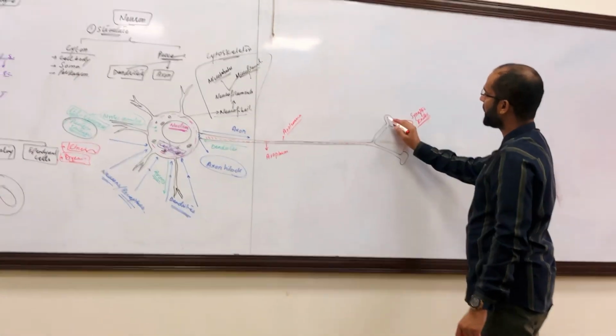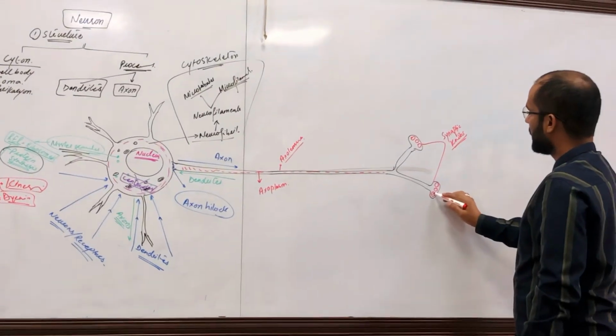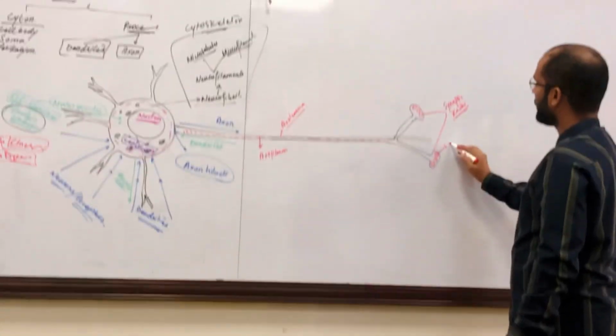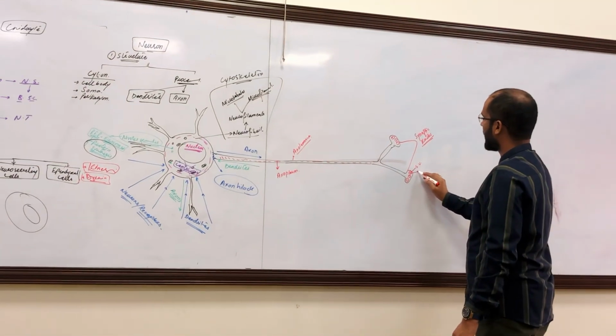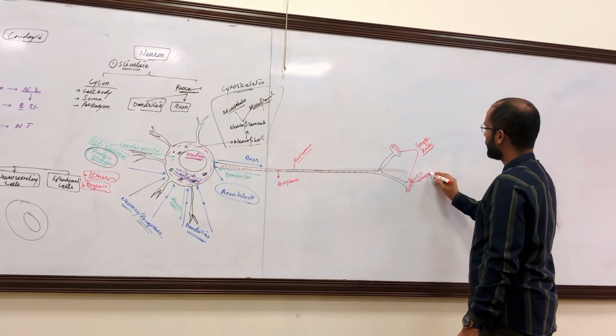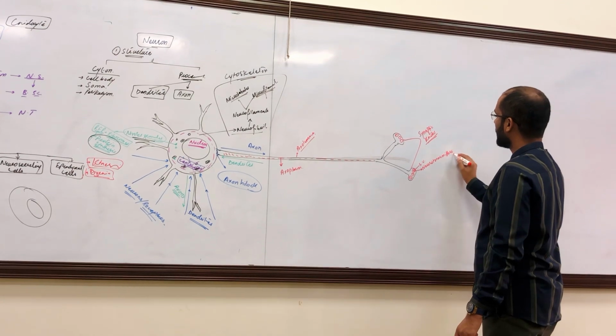In synaptic knobs there are vesicles, known as synaptic vesicles, and synaptic vesicles carry different chemicals, called neurotransmitters.